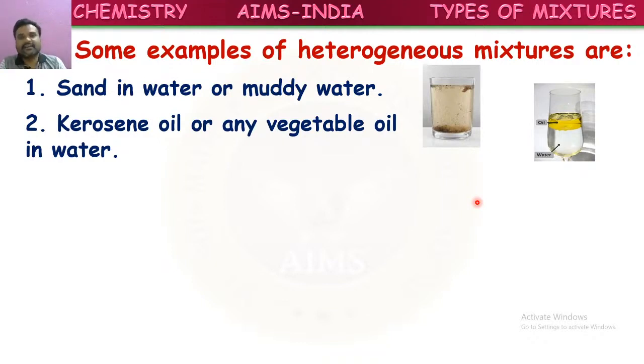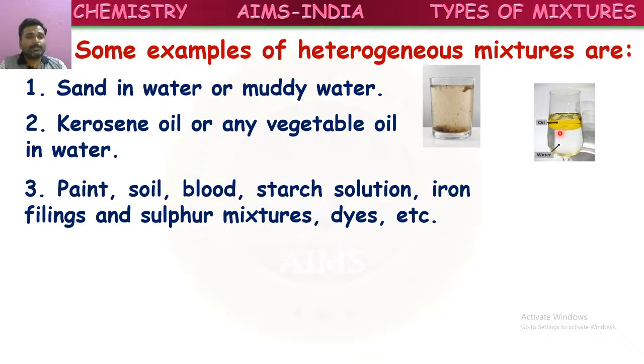As these oils are lighter in density than water, water will come down and the oils will float on the water. Here they have shown clearly water is coming down, oil is floating on the water. Two separate layers are there and separate components are seen clearly. There is a visible boundary between the components. Hence, it is also a heterogeneous mixture.